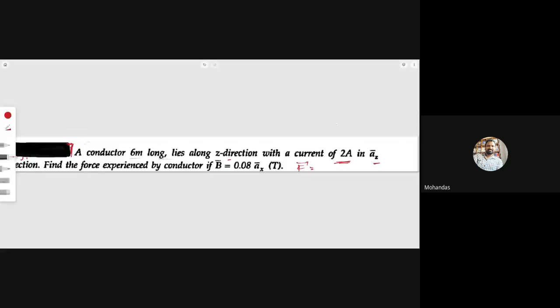Roll number 63, what is the formula for this problem? Force on a current element: F is equal to I dL cross B. Very good.